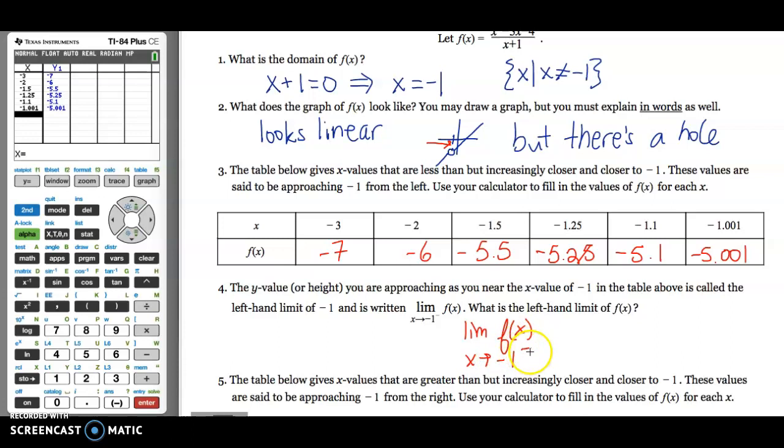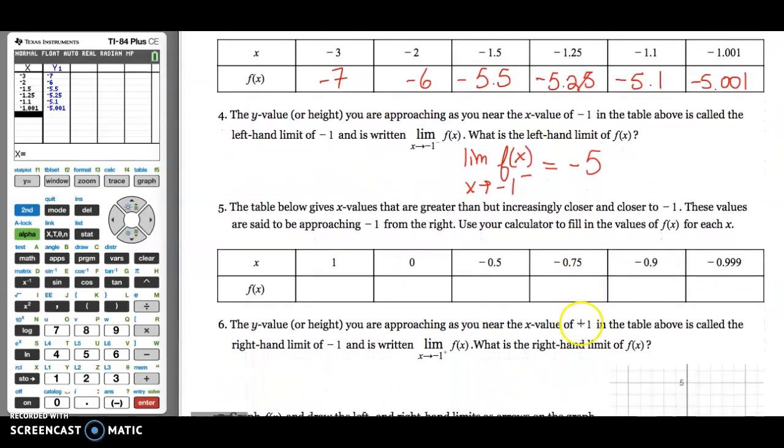That's what that little negative up in the exponent spot is. This means that I'm approaching -1 from values that are less than -1 but really close to it. And I would say that the answer is that my y values are approaching -5. So you have found your first limit. The limit of this function as x approaches -1 from the left-hand side is -5.